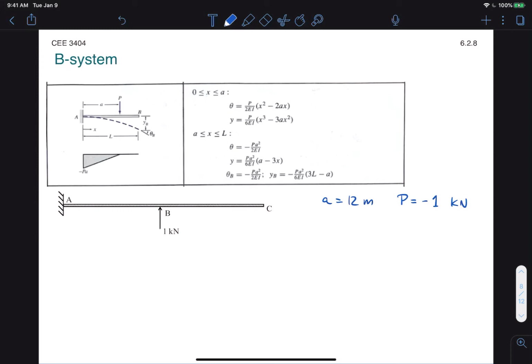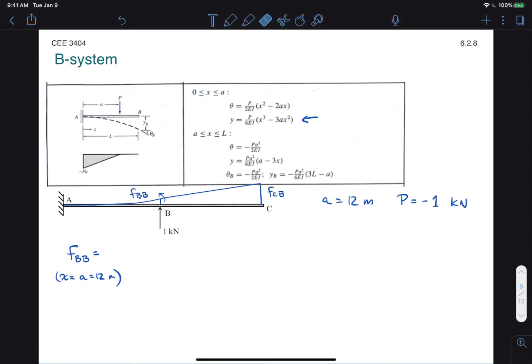So drawing our deflected shape, we are after FBB here and FCB. Okay, solving for FBB first. That is for x equal to A equal to 12, using this equation here for our displacement.